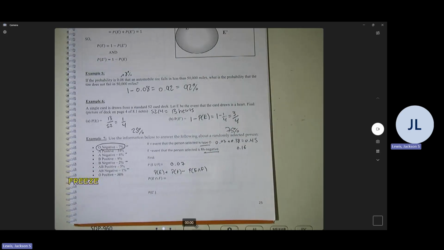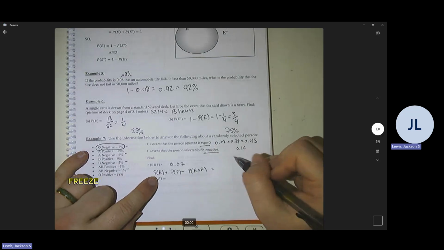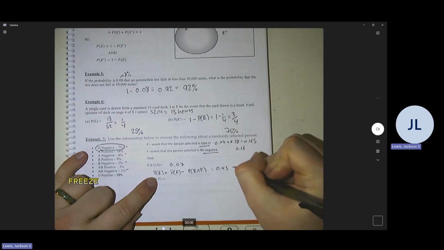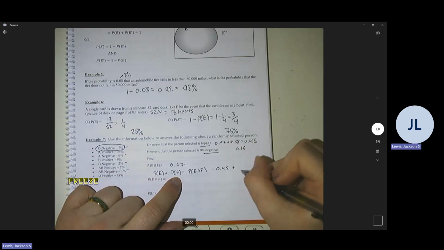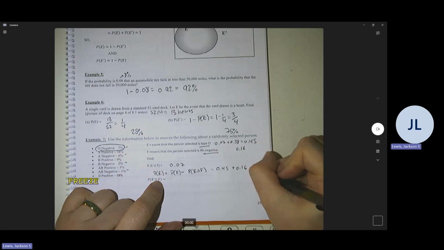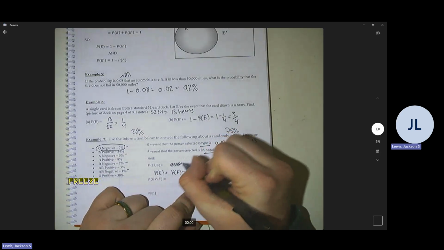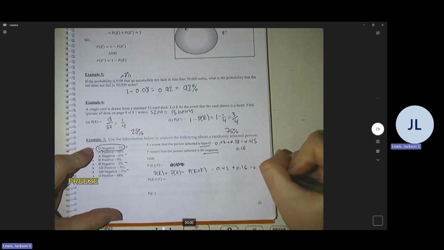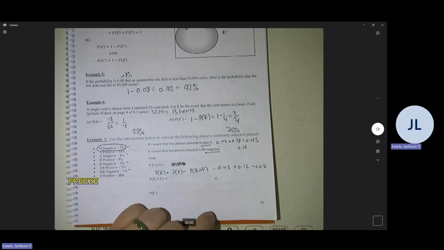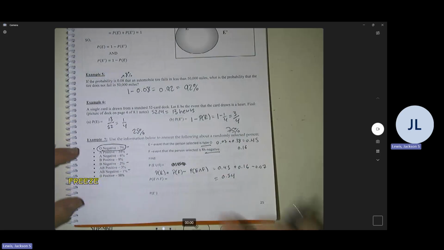The probability of E is 0.45, the probability of F is 0.16, and their intersection, where something is both, is 0.07. Let me put this on my calculator: 45 plus 16 minus 7 is 0.54. What I meant to say here was that we were doing the union.